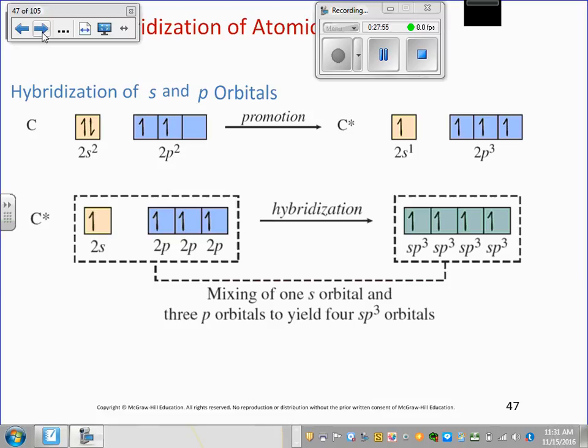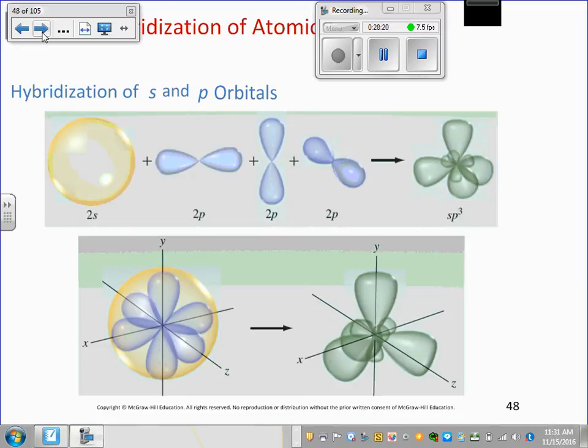We combine them all, so now we have sp3. Now we have 4 unpaired electrons, all the same, and 4 electron domains form tetrahedral. And there's the tetrahedral sp3. You can see it's tetrahedral, so there it forms CH4.